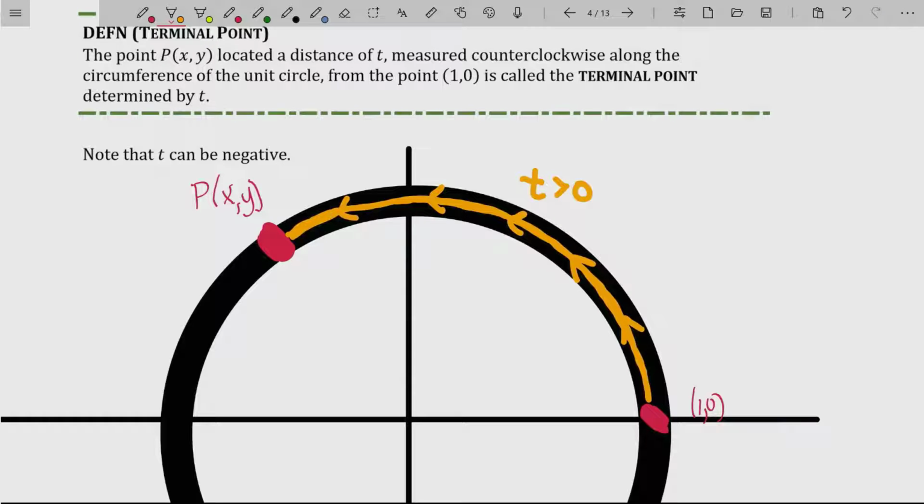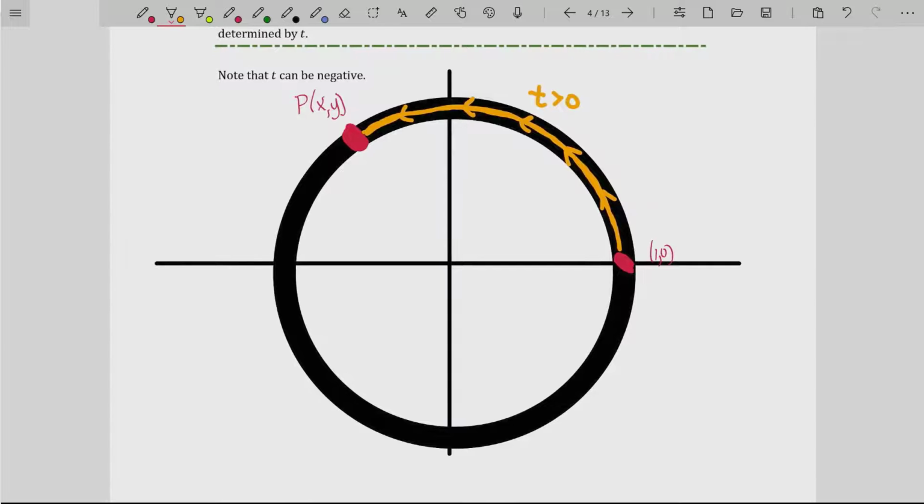That is just an agreed upon rule that we say counterclockwise is a positive direction. Now t could be negative, so let's pretend as though we have a point right here. Let's go ahead and call that point Q. It also has an x and a y value, obviously.